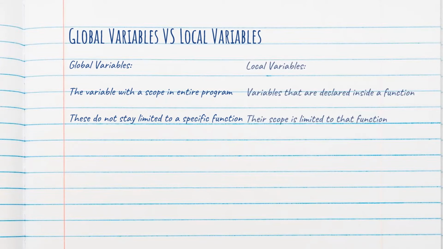On the other hand, local variables are those variables which are limited to a specific function and their scope is also limited. So we can use them in a function, but we cannot use those variables outside that function.